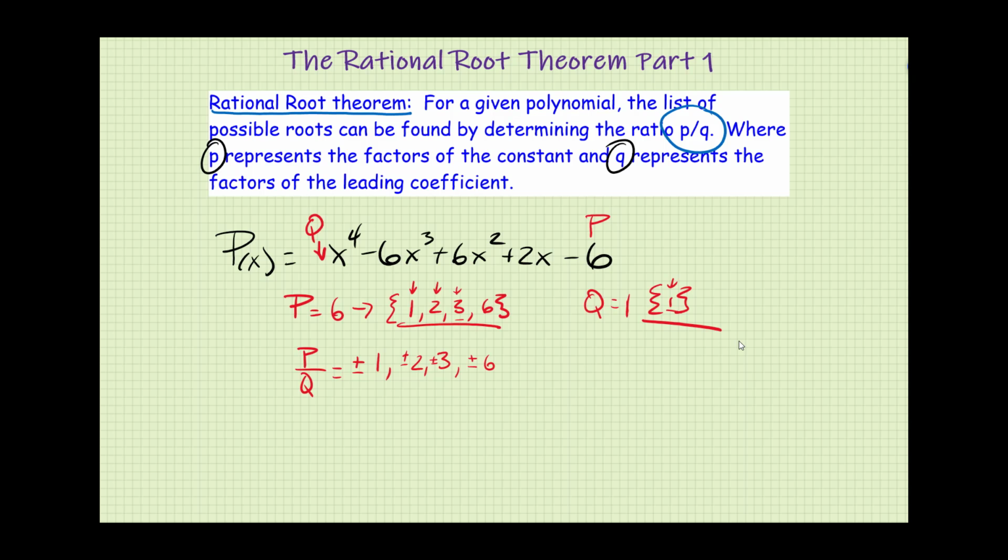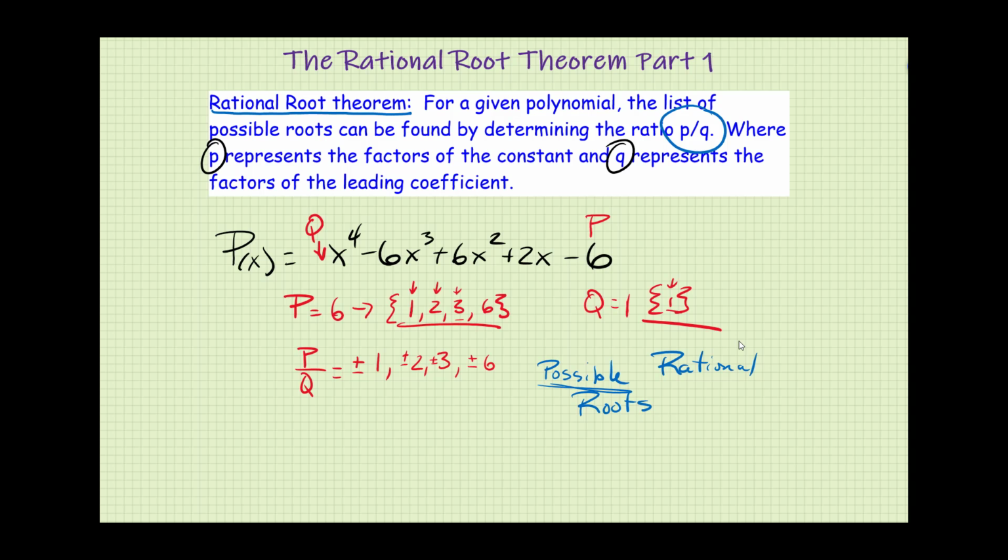Essentially, you're dividing each factor in this list by every factor in this list. And what this represents are the possible rational roots of the polynomial. Remember, rational numbers include repeating and terminating decimals.